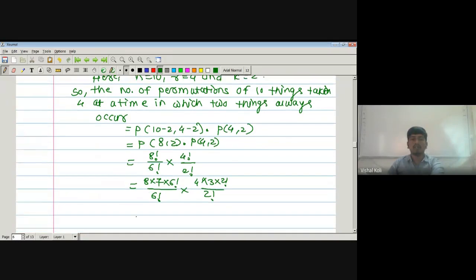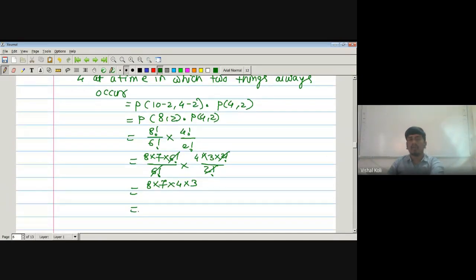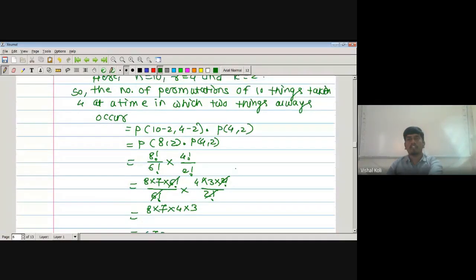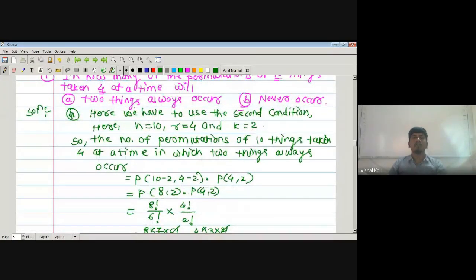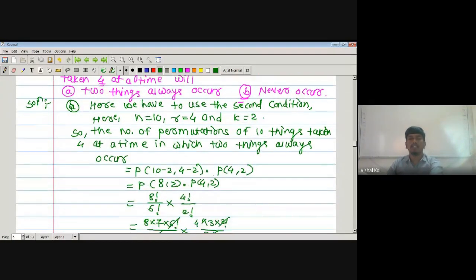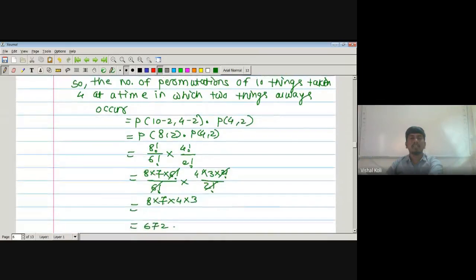So this one is nothing but 6 factorial gets cancelled, 8 into 7 into these 2 factorial get cancelled, which is 4 into 3, and its total value is nothing but 672. So the number of permutations of 10 different things where r will be taken at a time, in which two things always present, is nothing but 672.